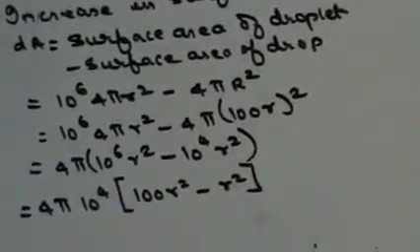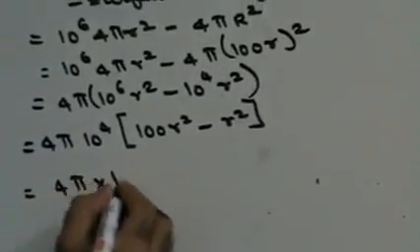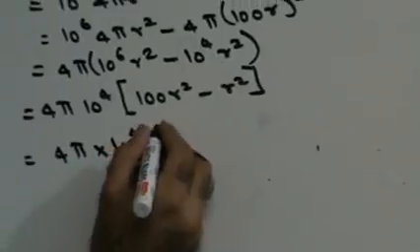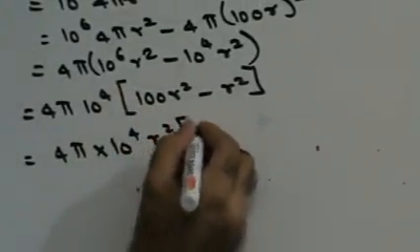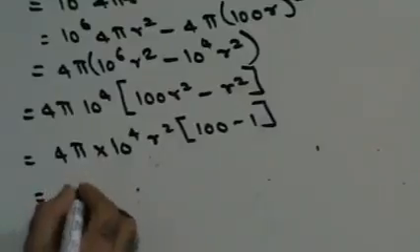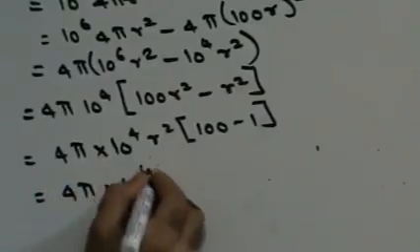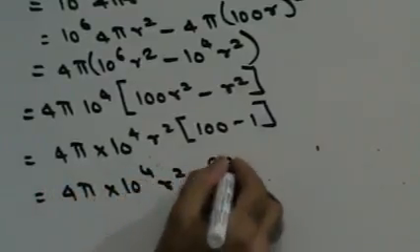Taking r square also common, you will have 4 pi into 10 raised to 4 r square, which leaves 100 minus 1. So you get 4 pi into 10 raised to 4 r square into 99. That is going to be my increase in surface area.